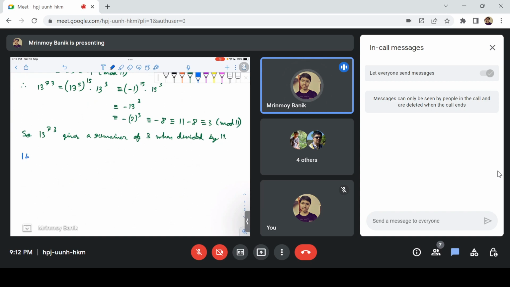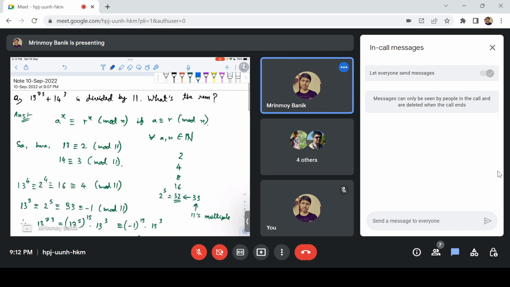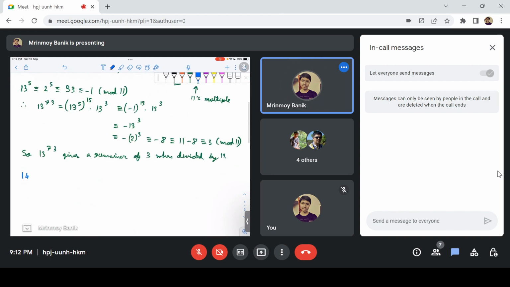Next with 14. Okay, so 14 is just 3, right? So 14 cube is 3 cube, that's 27, that's 5.